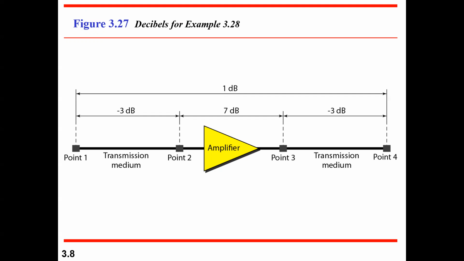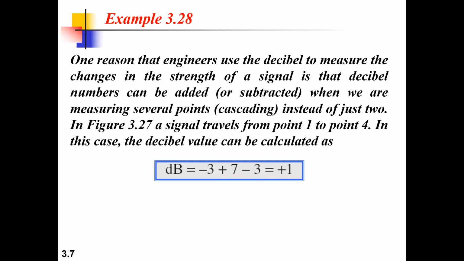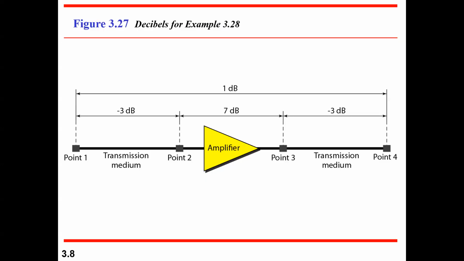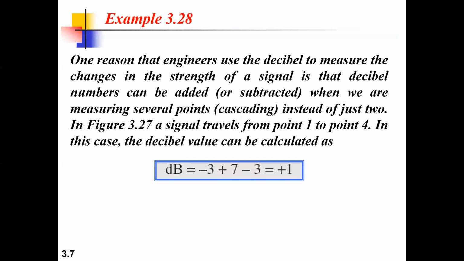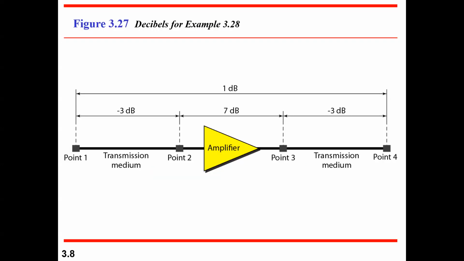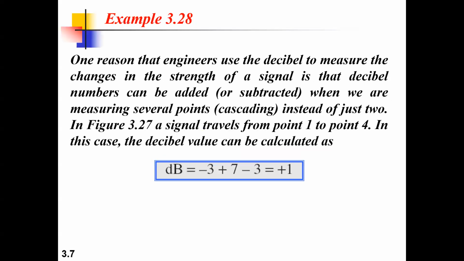So to calculate the decibels, in this case it's negative 3 plus 7 minus 3, and the answer is positive 1. That means from point 1 to point 4 there is a gain of power, because of the value positive 1.